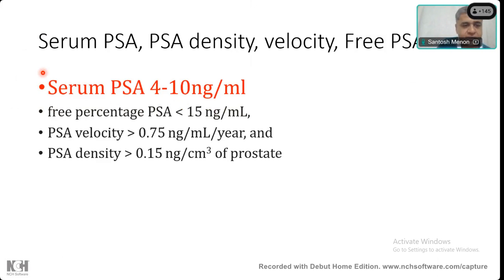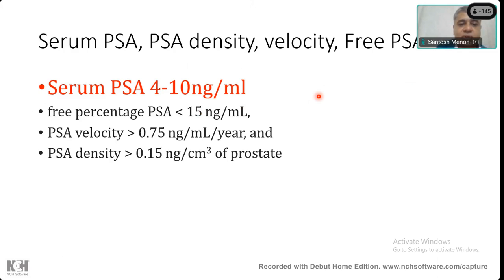These are important. The most important one, which I've put in red, is the serum PSA level. So any elderly male who has LUTS generally would get a serum PSA level. And if the level is between 4 to 10 nanogram per ml or more than 4 nanogram per ml, the patient is very, very likely to be sent for a biopsy.